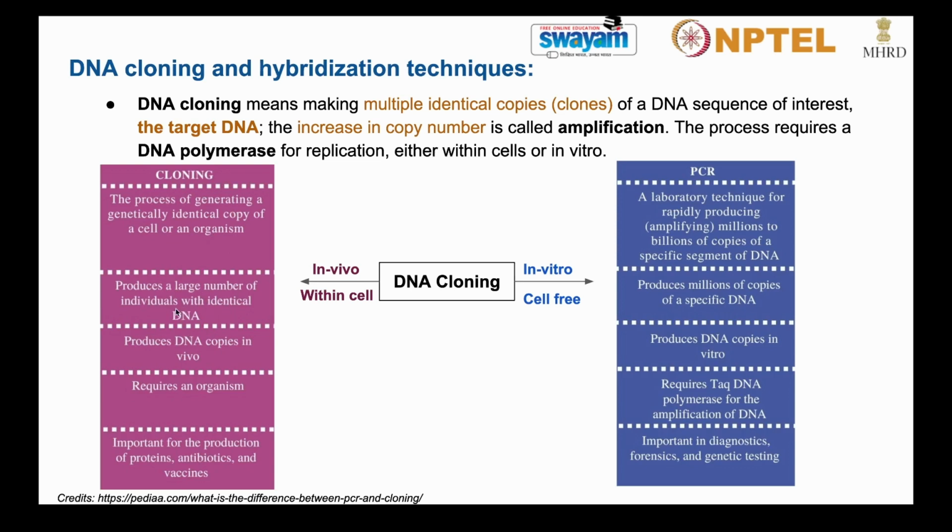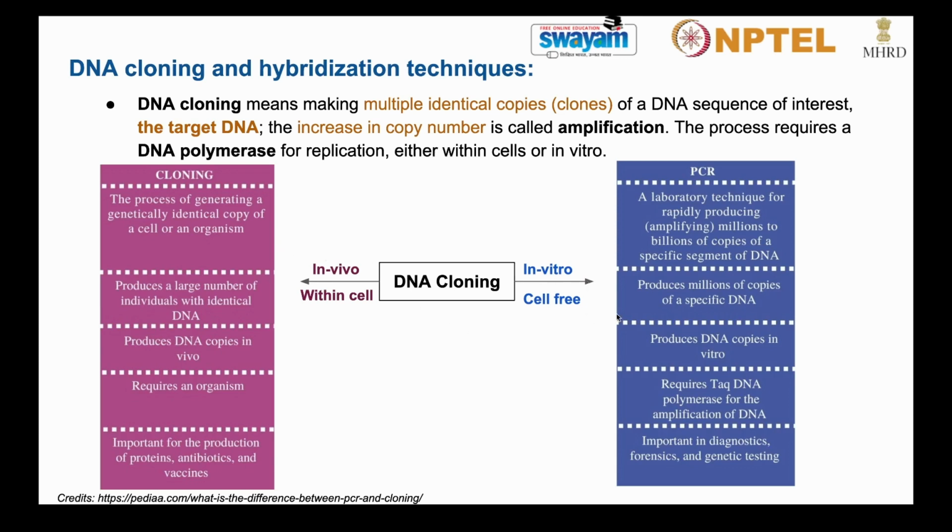As it is within the cell, the individual will divide and multiple identical DNAs will be produced. It will produce DNA copies in vivo. It requires an organism and it is important for the production of proteins, antibiotics, and vaccines. So when our purpose is to design proteins, antibiotics, and vaccines, then we will use this in vivo cloning. And when do we use in vitro cloning?